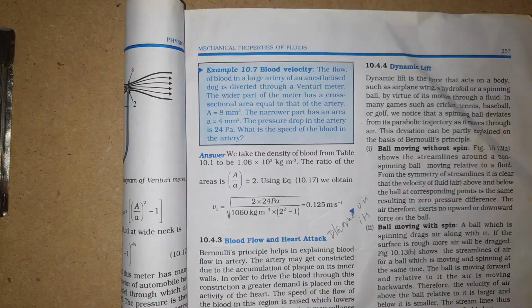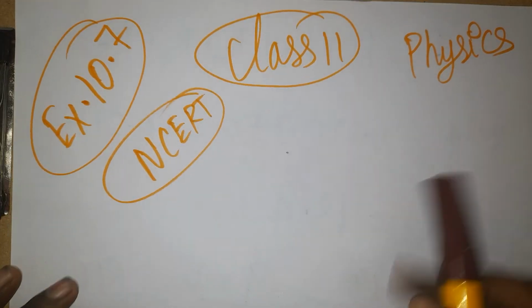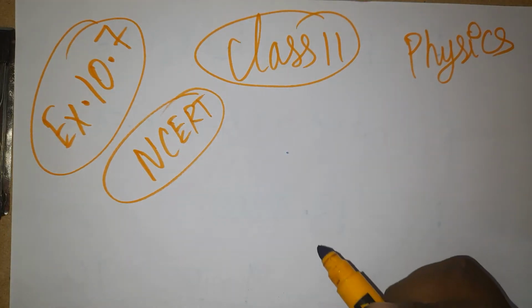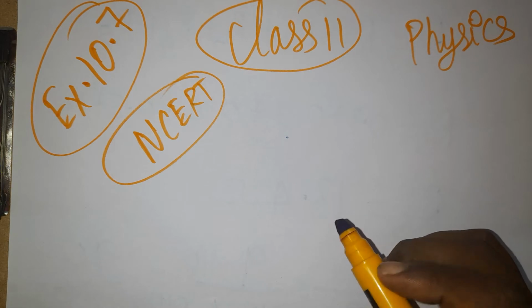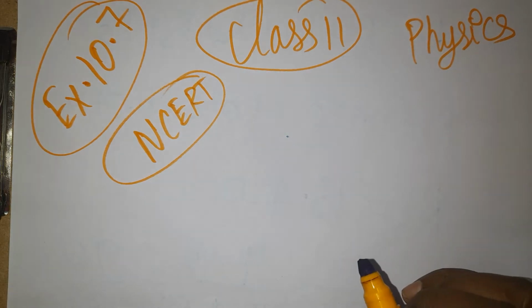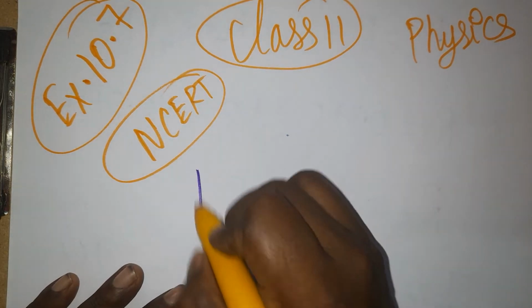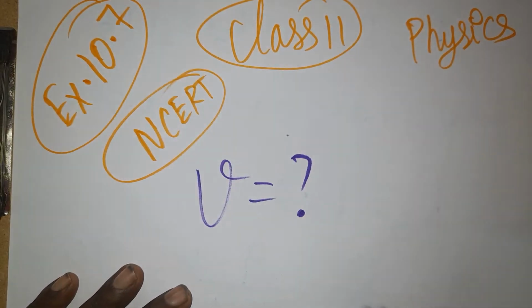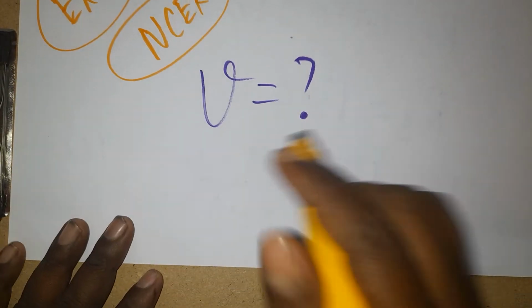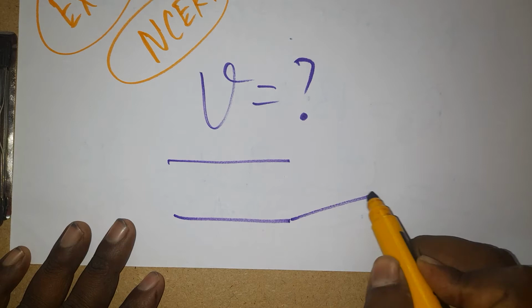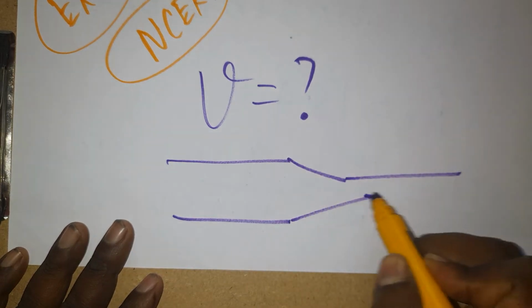See here, 10th chapter, 7th problem, NCERT example problem. If you want more video examples and exercises, you can go and see my playlist. Actually, the velocity of the liquid is the question mark. The liquid is flowing from a bigger radius to a smaller radius. This is a venturimeter concept.